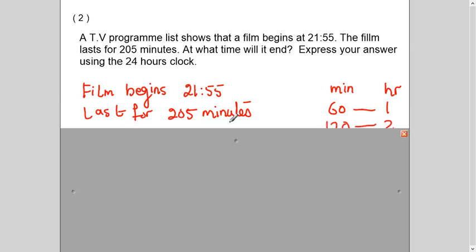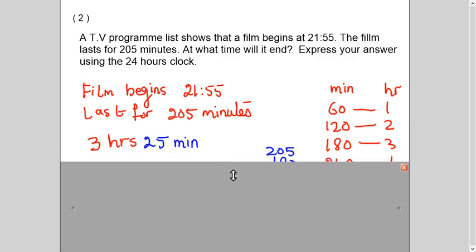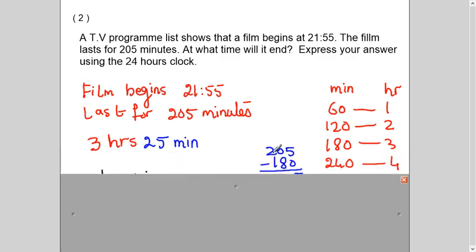Now, the information which is given here: the film begins at 21:55 and lasts for 205 minutes. So to change 205 minutes into hours and minutes, I know 1 hour is 60 minutes. So 2 hours is 120 minutes, 3 hours is 180 minutes, 4 hours is 240 minutes.